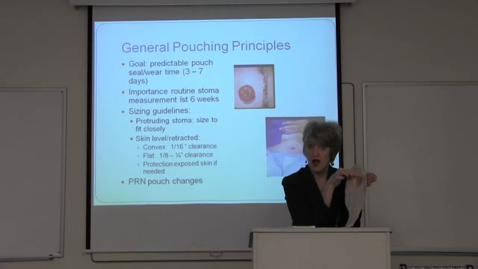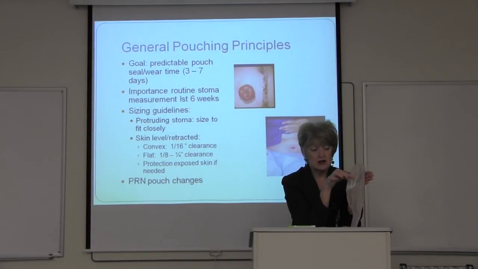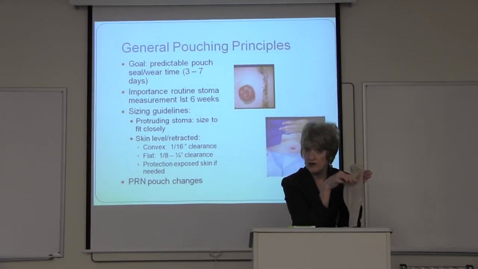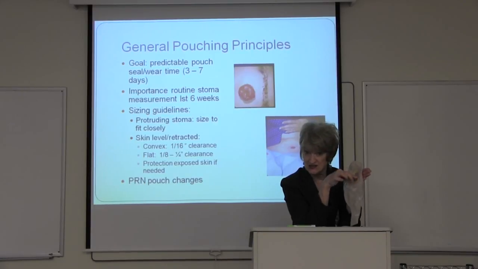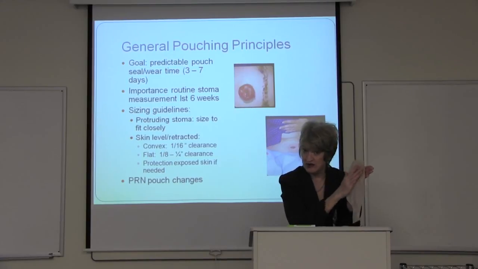If you're using a convex pouch, your whole goal is to support the skin and the underlying tissue immediately adjacent to the stoma. So you want it sized to fit closely around the stoma, usually about 1/16 inch clearance. So if you have a 1 inch stoma, you would have a 1 1/8 inch opening.